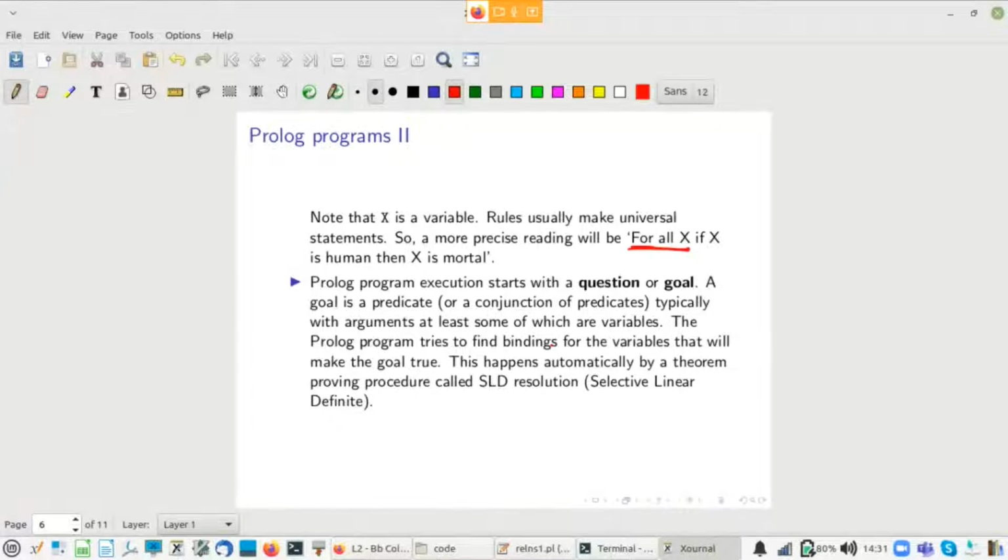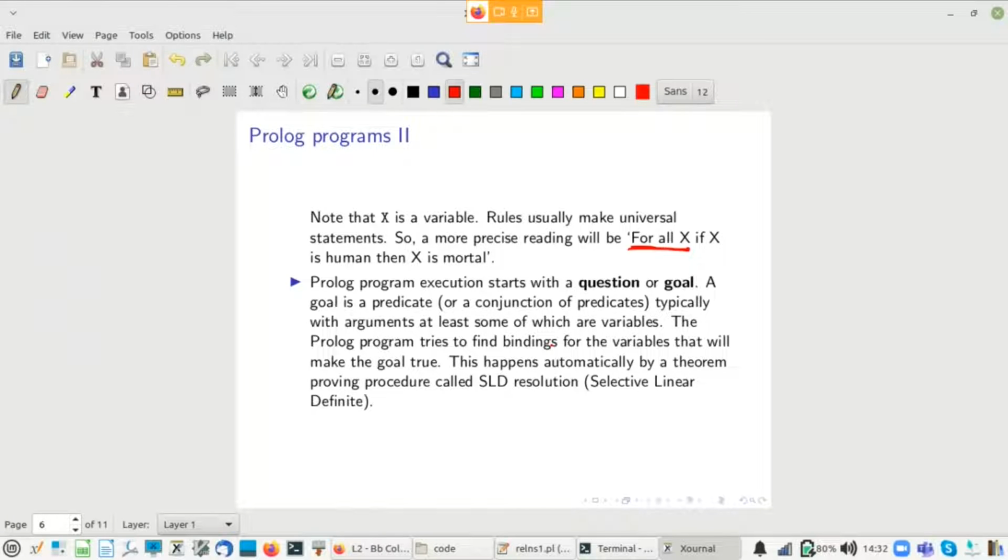It actually happens through a theorem proving process. The theorem prover implemented in Prolog is called SLD, for Selective Linear Definite Resolution. As I said, we'll look at this theoretical part a little later. It's more important that you understand how to work with it. And this happens automatically. We will actually look at how exactly execution proceeds.